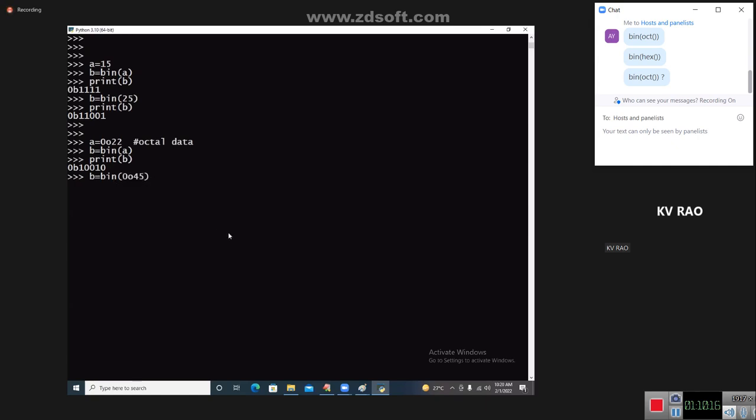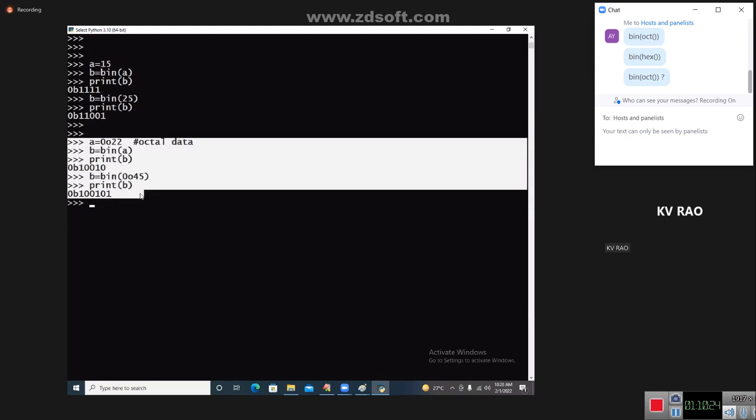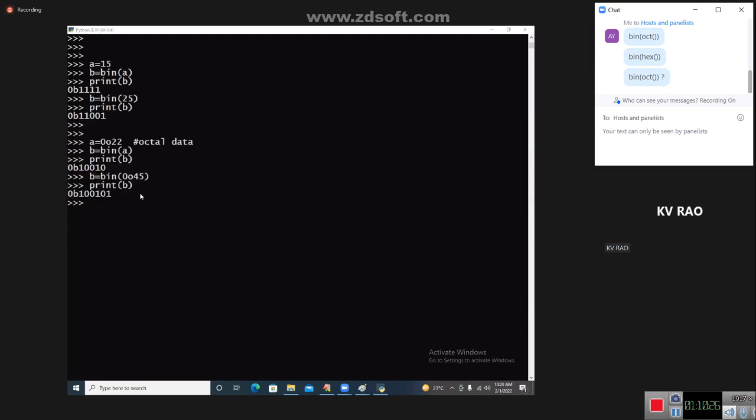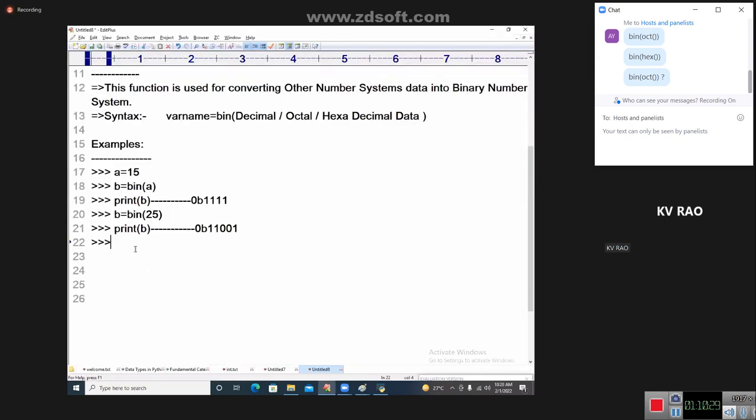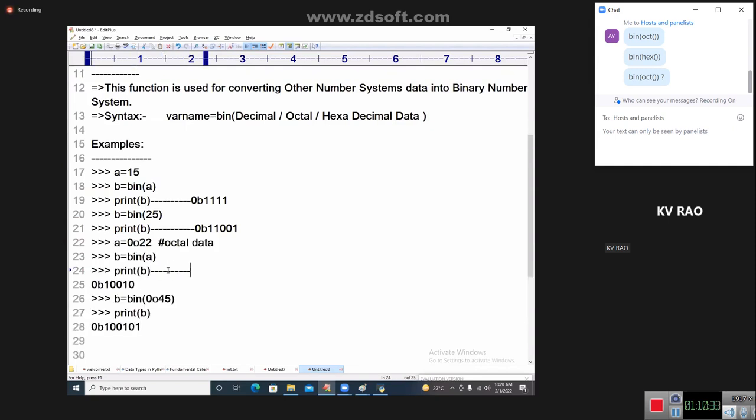Convert into binary, no problem. Print of B. You are getting that binary data. 45 octal data converted into binary, directly you can print it. This is called octal representation. Getting into this format and directly printing this data.